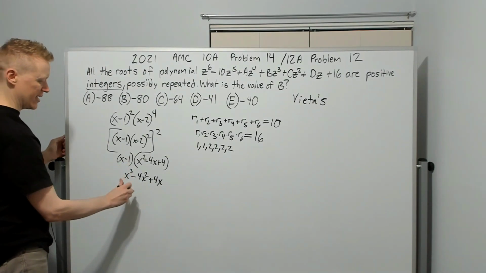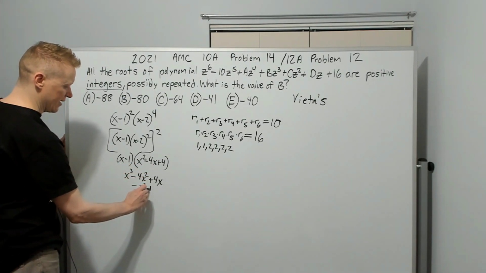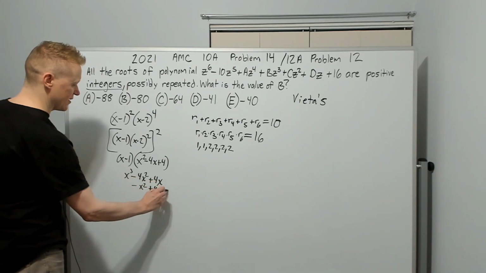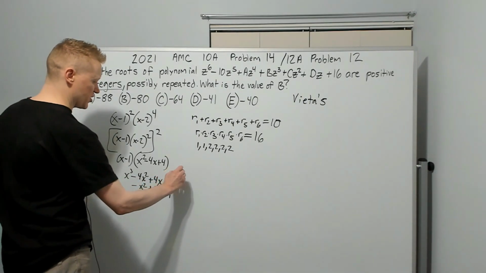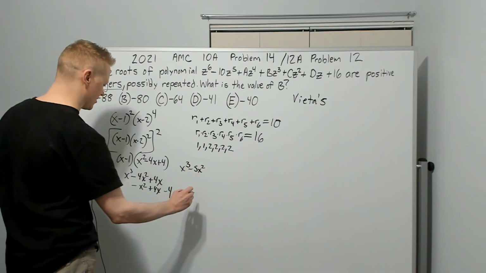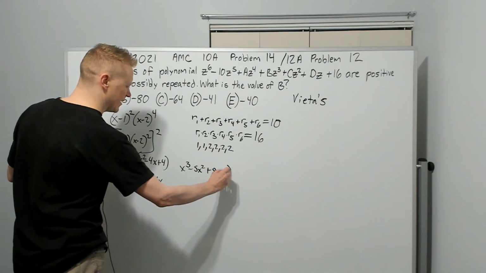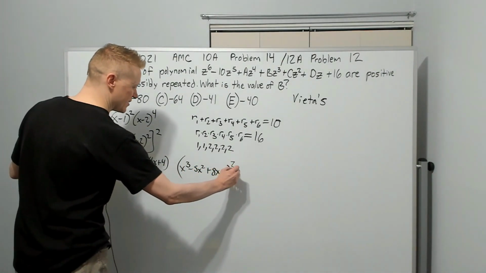Now distribute the negative 1. Line up your terms. Negative 1 times negative 4 is positive 4x, and then minus 4. So that expression, once we combine like terms, is x cubed minus 5x squared plus 8x minus 4, and then this is all being squared.